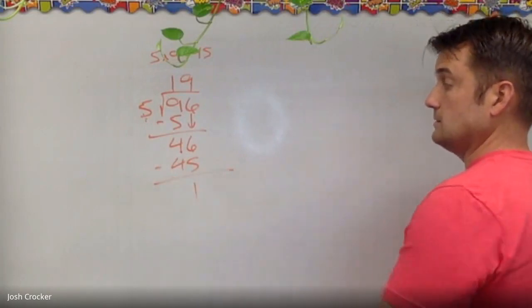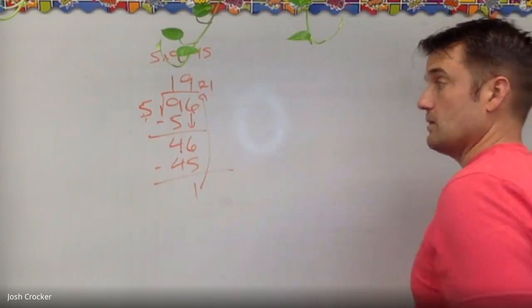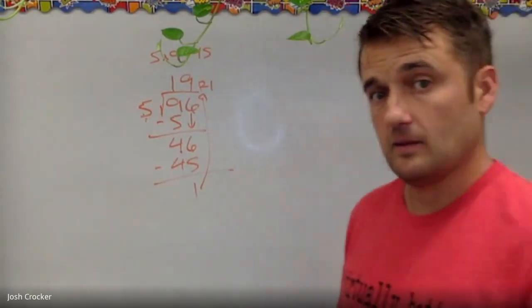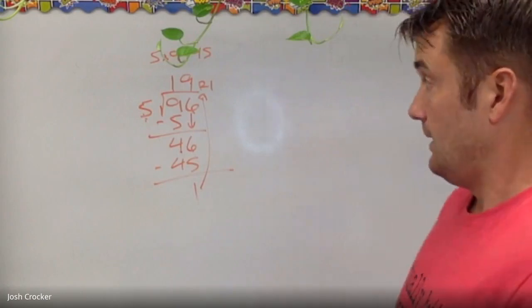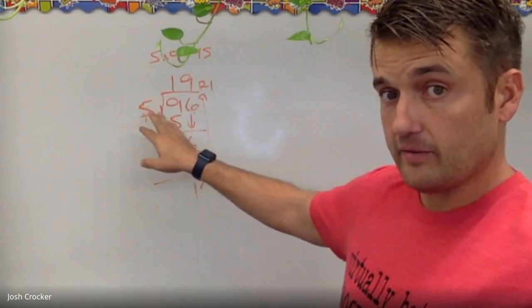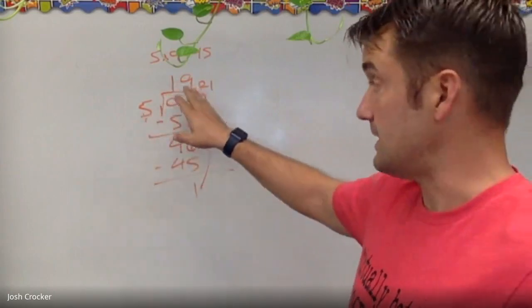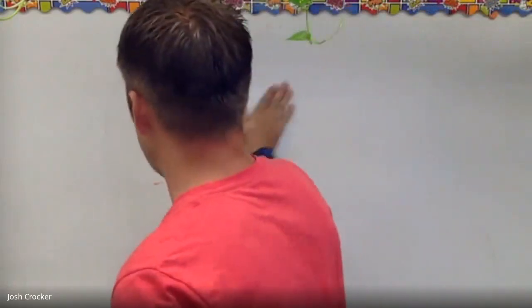Subtract, I get 1. There's nothing else to bring down, so it's a remainder 1. So 96 divided by 5 is 19, remainder 1.